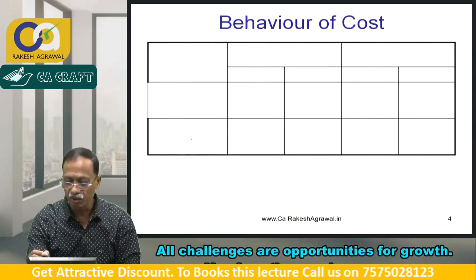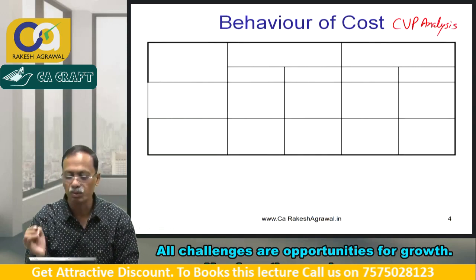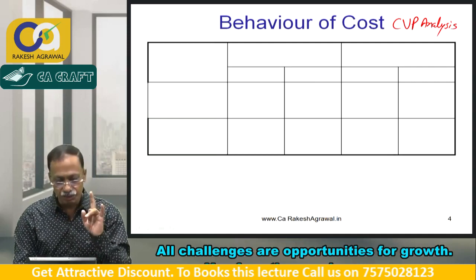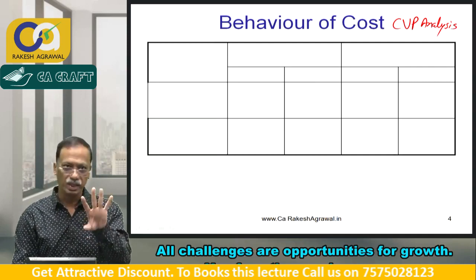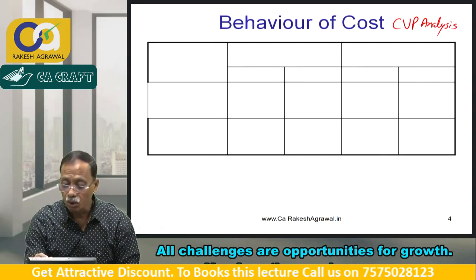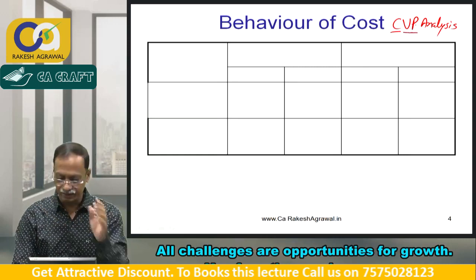This behavior of cost is also known as CVP analysis. I am repeatedly saying, whatever you wish to write in your notebook, you can take down, that is your choice. Now this is cost volume profit analysis. CVP stands for cost volume profit analysis.